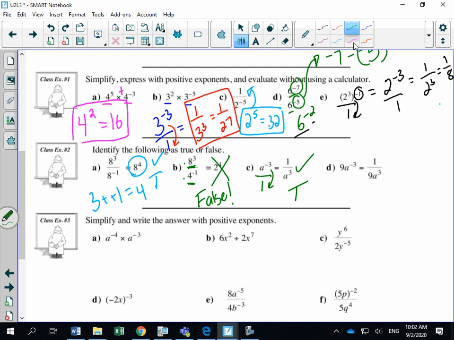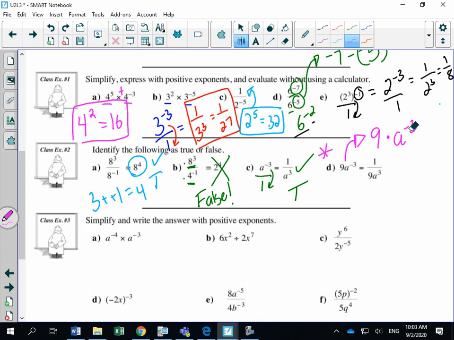D, I really like. So star D. Students have a hard time sometimes with D, but it's a great question. What this is, is 9 times a to the negative 3. That negative 3 only applies to the a. Okay, it does not apply to the 9.